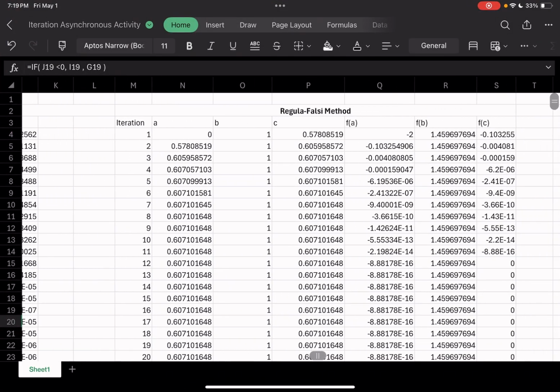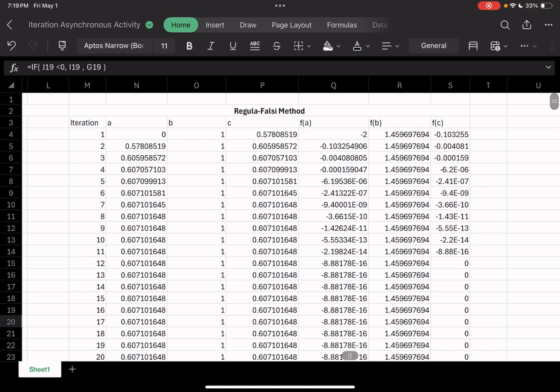So as you can see right here, we have the following table. Just like what we did with the bisection method, just simply plug in the values of 0 and 1. However, for column C, we're going to write the formula.